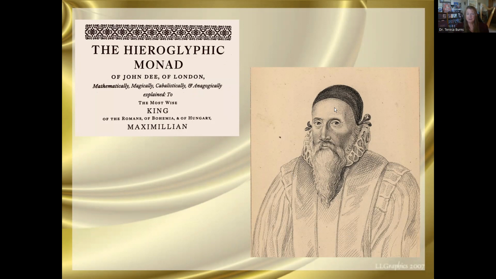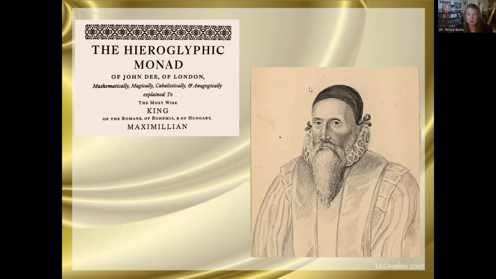But here at the theorems, after the letter to Maximillian, a very long letter, after the letter to Printer Silvius, a shorter letter, we have Dee tell you that he is going to explain his monad glyph, which you have also seen now many times, mathematically, magically, kabbalistically, and anagogically. And you know what those things are. You know what anagogic is. You know what Kabbalistic is.